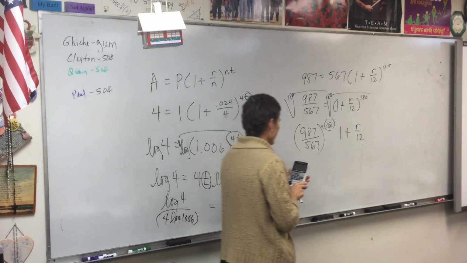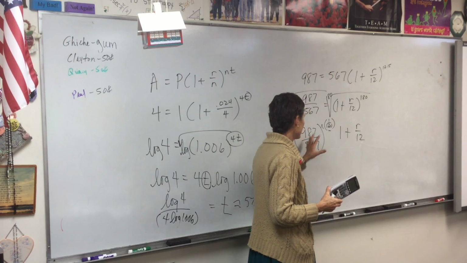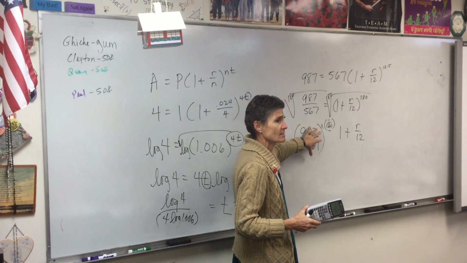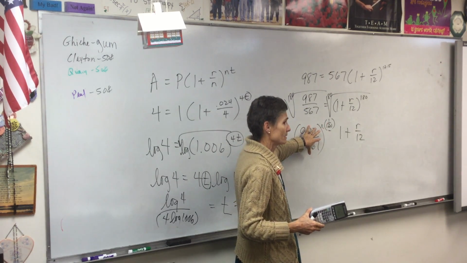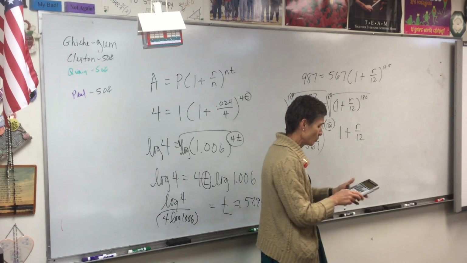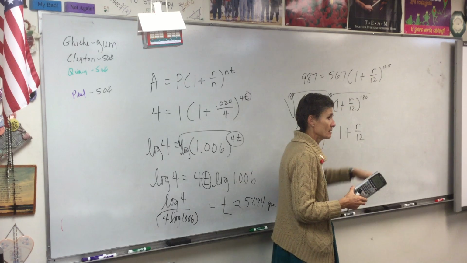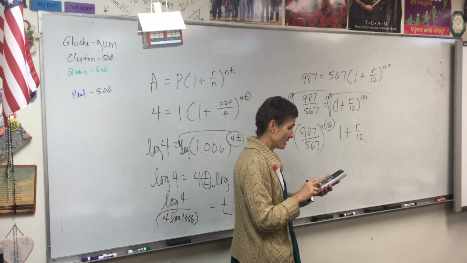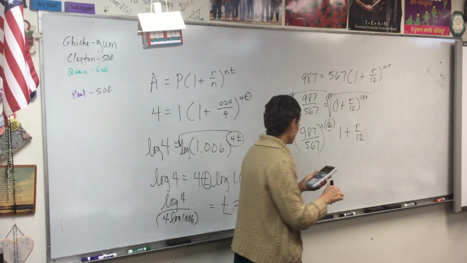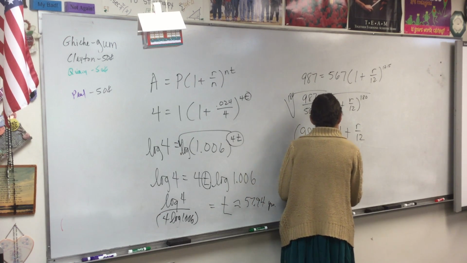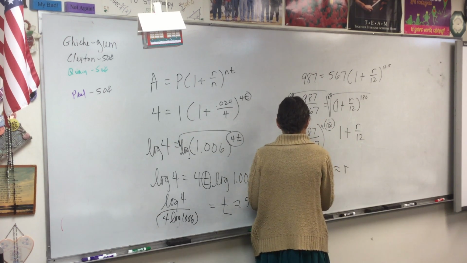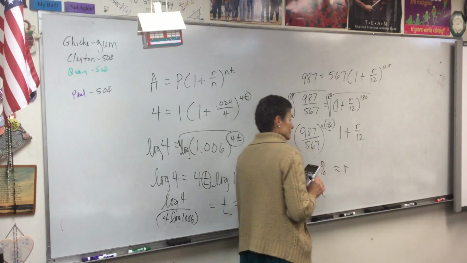Did you get 1.00308 something? Okay, now that's this. That is not your answer. So you're going to subtract 1 from that, and then multiply by 12. So the interest rate is about 3.7%.